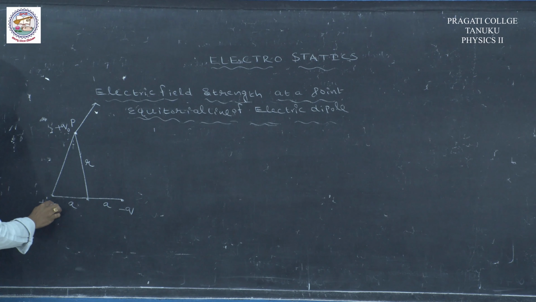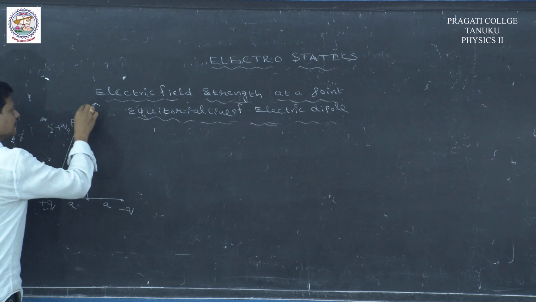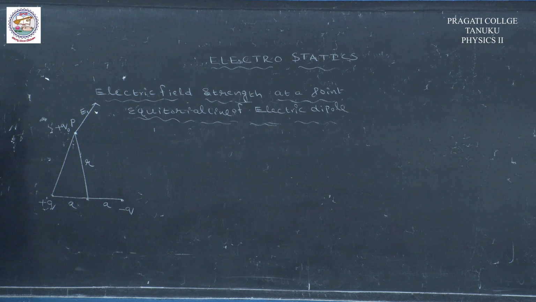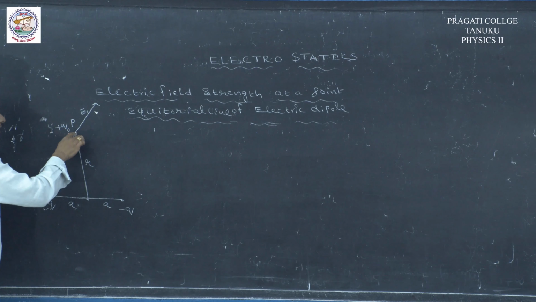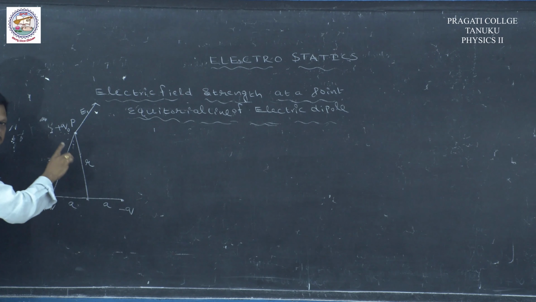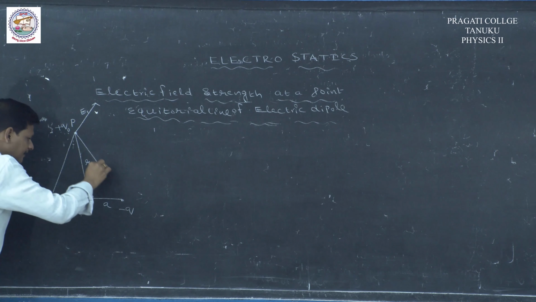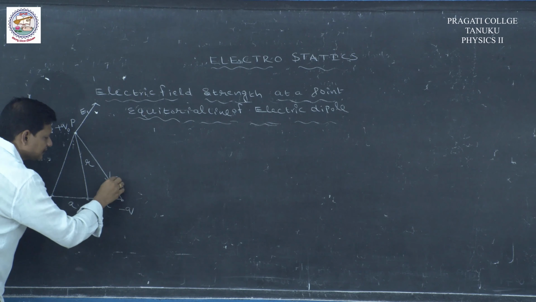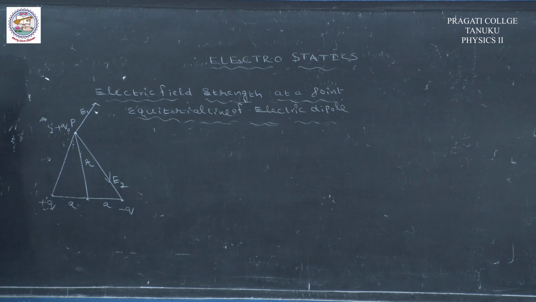So, the electric field strength due to plus q at point P is E1. Similarly, minus q exerts some force on plus q naught, and its direction is towards minus q, since unlike charges attract each other.